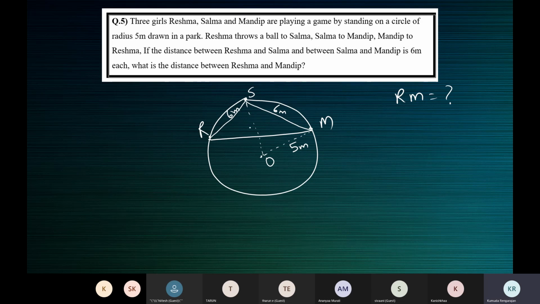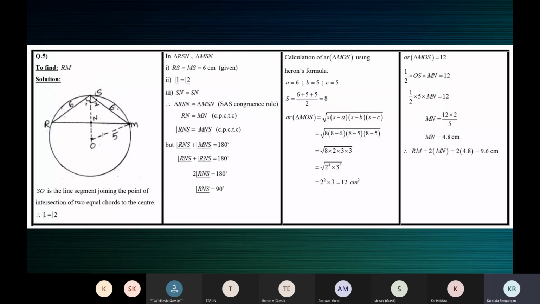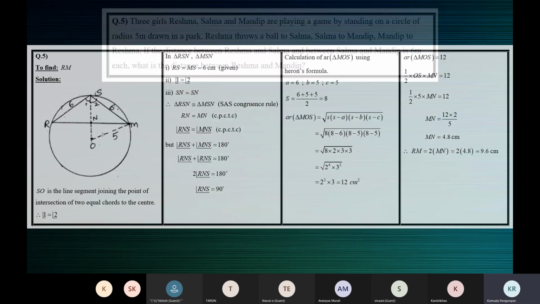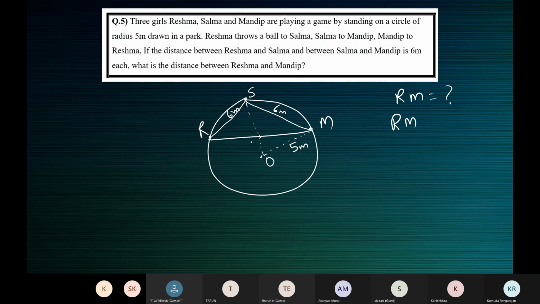To find the length of the line segment RM, say when you join OS, it intersects RM at N. So how are we going to find RM?